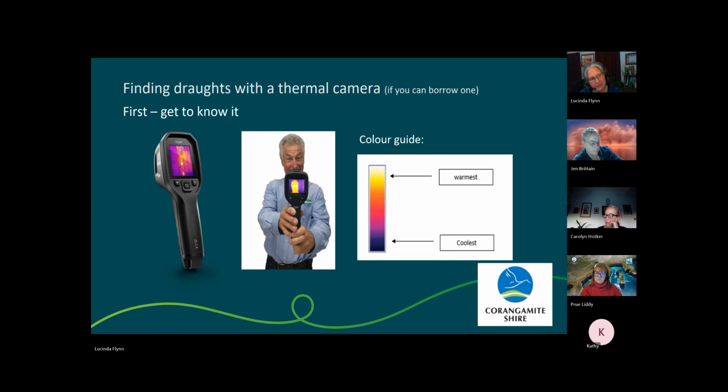But the thing about them is that the moment you get something that is very cold or very warm, it changes the ratio of the colors around it. So you can see how this guy, he's showing up very warm because he's a body, and it makes all of the space around him look cold by comparison.